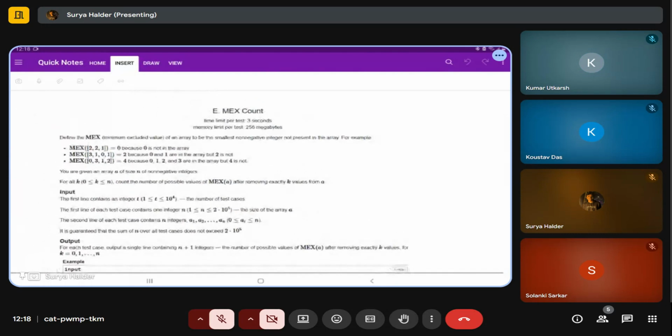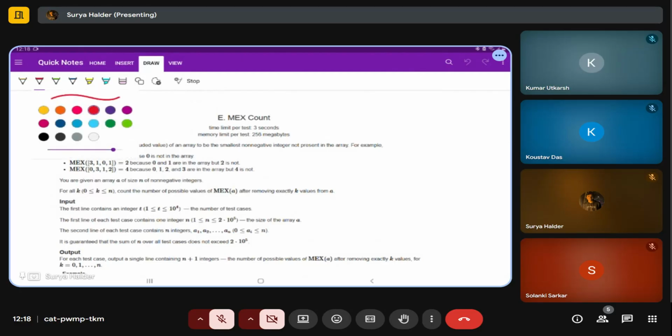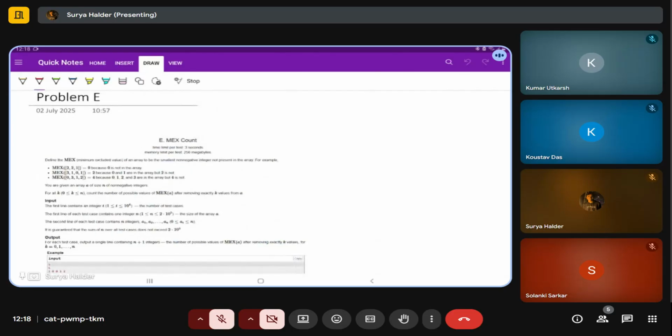Okay. So, do you know what mex is? No. Yes. So, suppose I am defining max as the minimum non-negative integer which is not present in that array. For example, 1, 2, 3, 4.